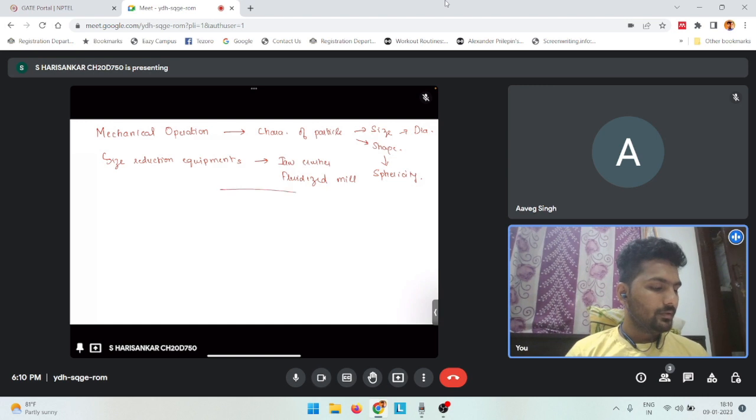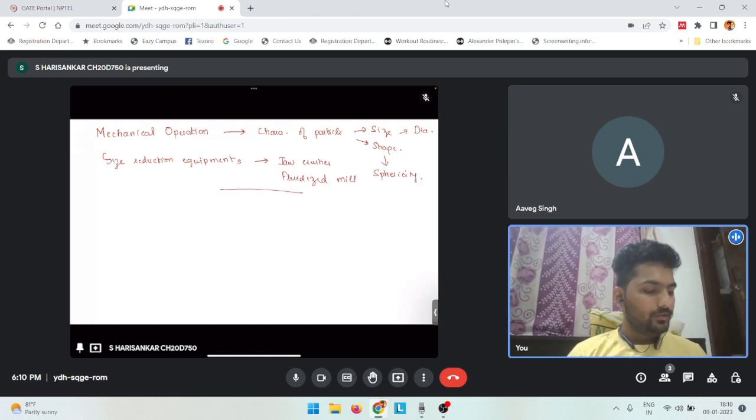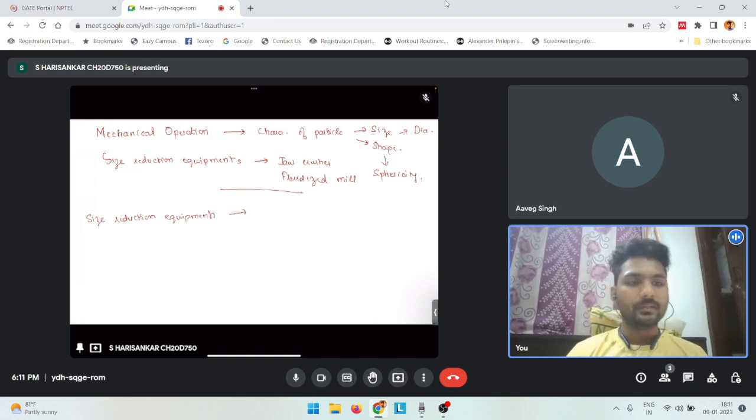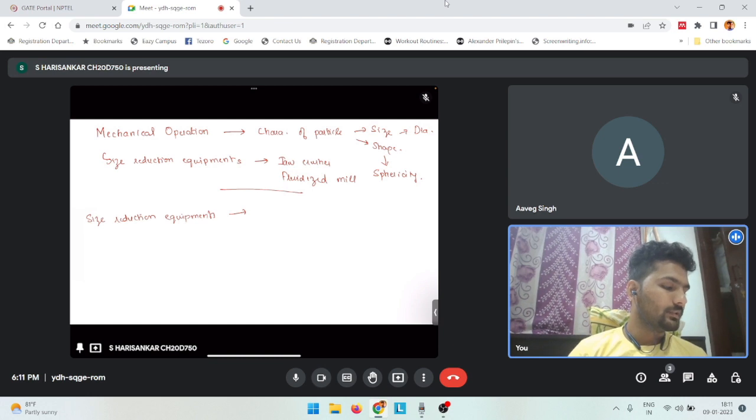So today what we'll be doing is we'll continue with these size reduction equipments. We'll learn a few specific things with regards to things like roller crusher, ball mills, and so on.